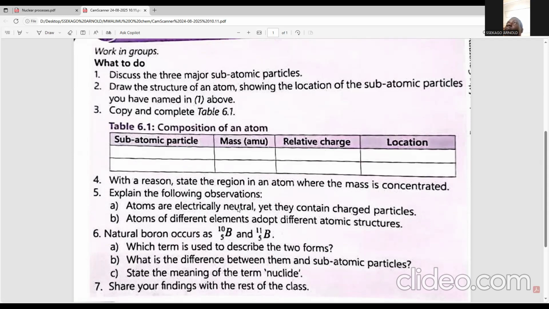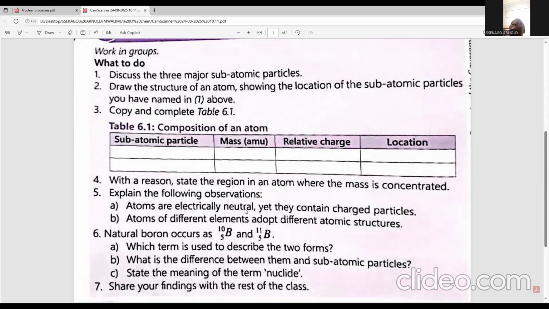You explain why atoms are electrically neutral. This is something that we saw in senior 2. Atoms are electrically neutral particles. However, you explain why we call them electrically neutral, yet they contain charged particles. They contain protons that are positively charged.